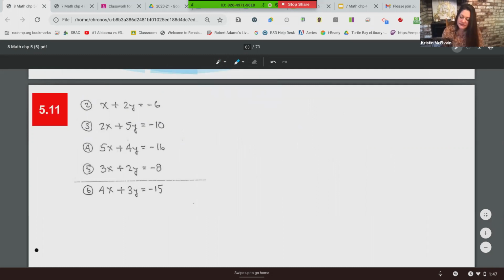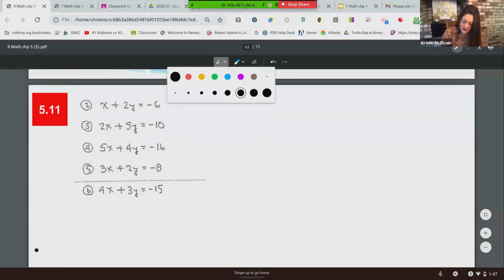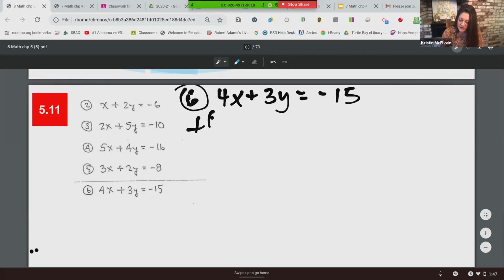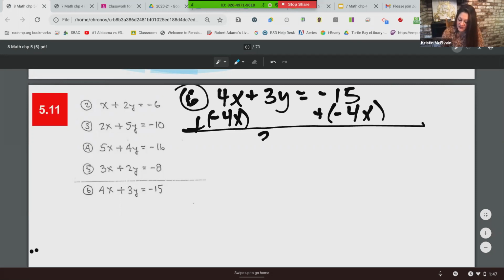All right, number 6. Number 6 is 4x plus 3y equals -15. Move the 4x to the other side by adding the opposite. Gives us 3y equals -4x plus -15. Divide each thing by 3.